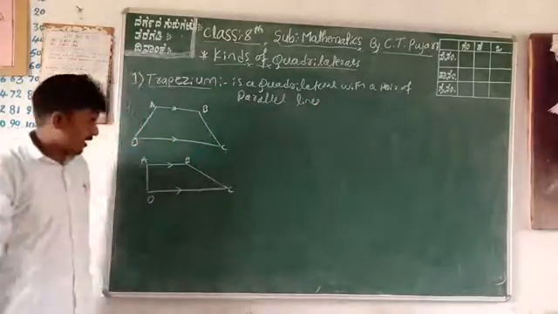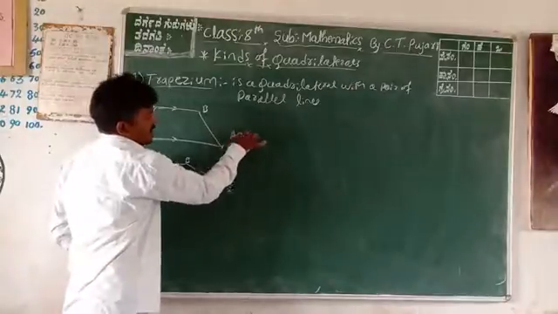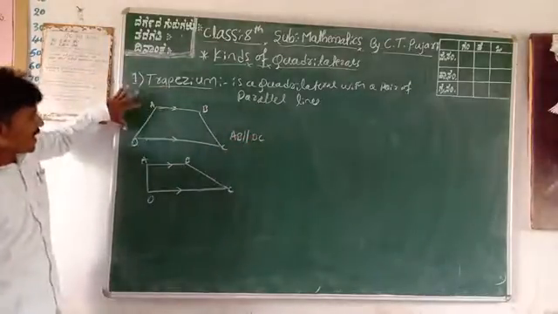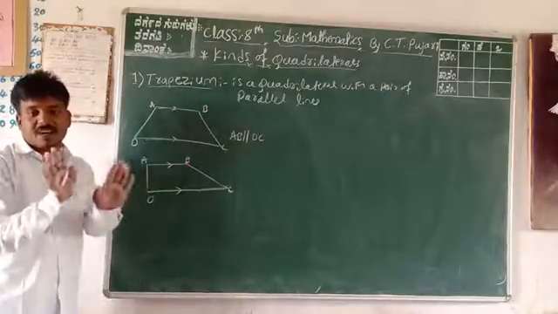Only one pair of parallel lines. Only AB and DC are parallel. AB is parallel to DC, but otherwise AD is not parallel to BC. Only one pair is parallel, that is a trapezium.